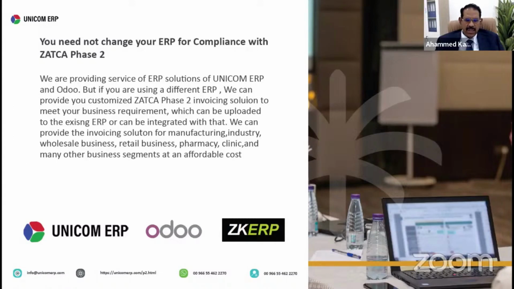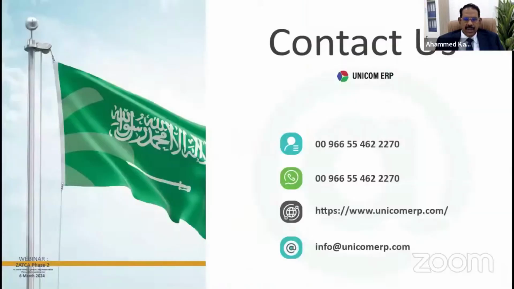There is no specific requirement there, but the process is a tight process: the sandbox, the testing, and all the process associated with that. We will handhold the organization until completing all processes related to the ZATCA Phase 2 implementation. If you have any further questions or details, you can contact us.